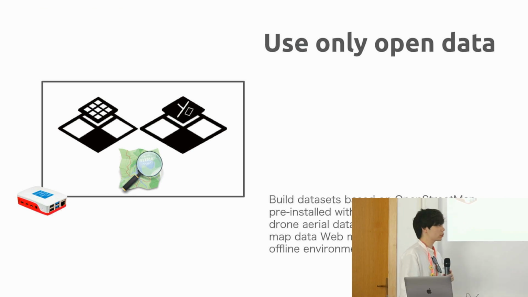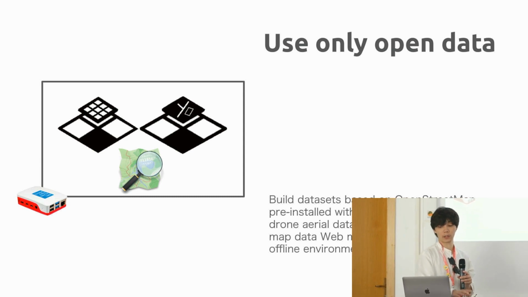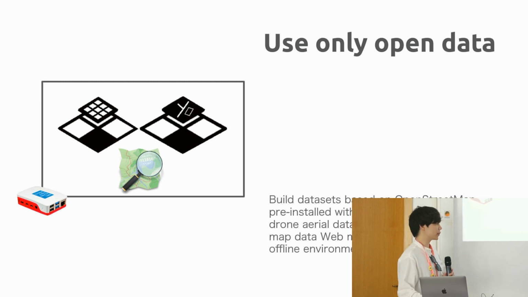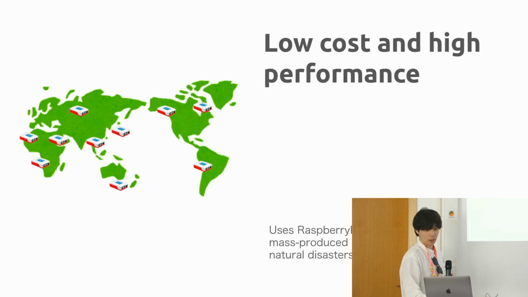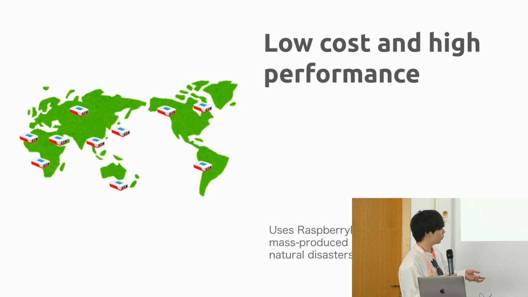We use 100% open data and open source. Raspberry Pi is open hardware, so you can use it freely. It is a low-cost machine, and people all over the world can buy it, so I think it is easy to expand.